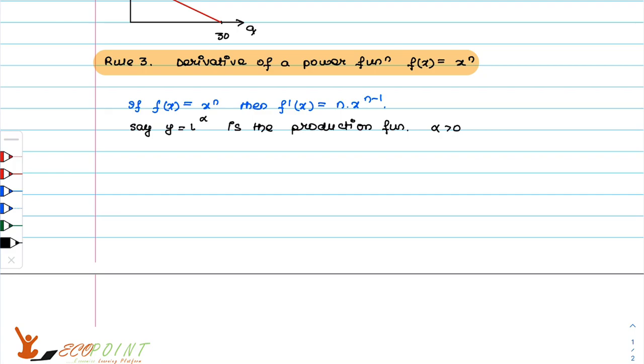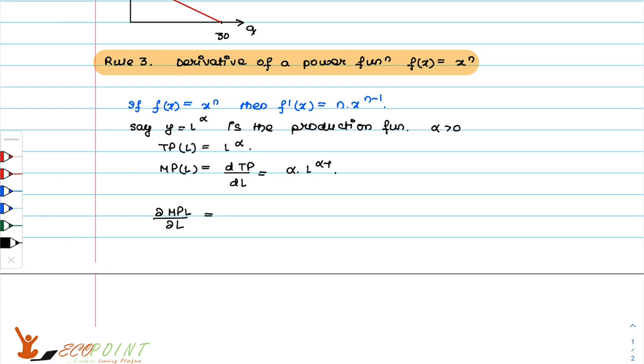This production function is nothing but the total product, TP, how much you are able to produce using labor. Marginal product is, if you employ one more unit of labor, how much the total product is going to change. The change in total product due to the employment of one more unit of labor. So this is the marginal product function, alpha into L to the power alpha minus 1.